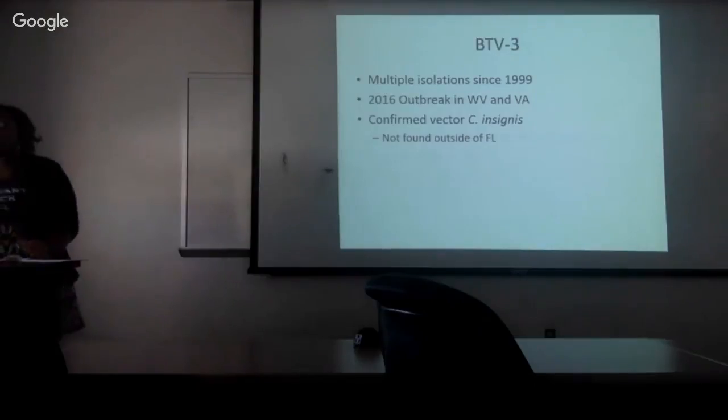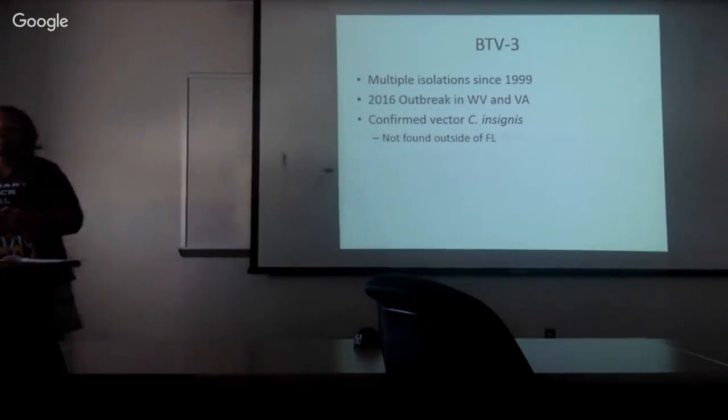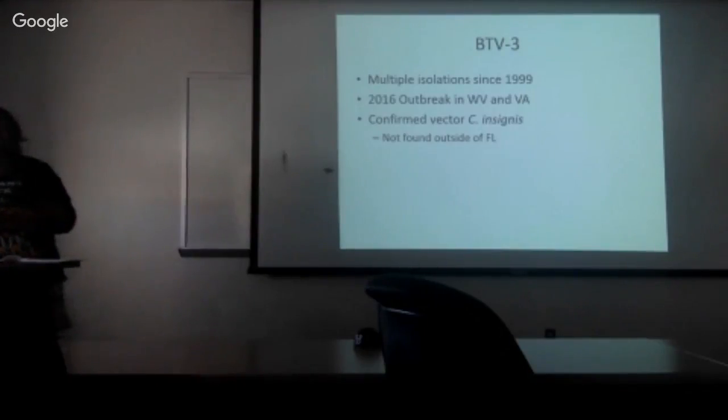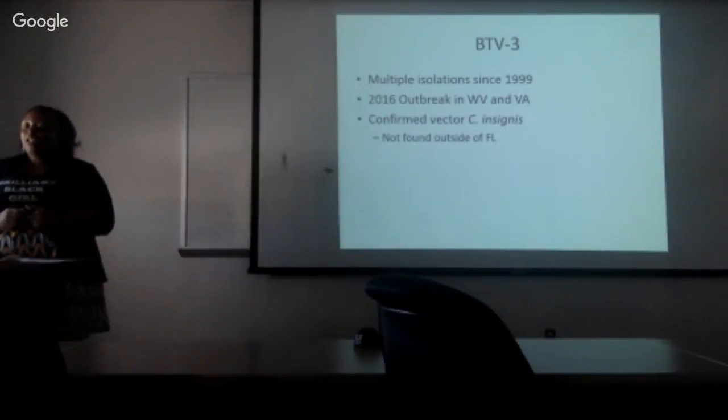And so once we kind of got things figured out, we also wanted to try with bluetongue virus 3. The interesting thing about bluetongue virus 3 is that it's not native to the U.S. historically, but there have been multiple isolations since 1999. And then in 2006, there was an outbreak in West Virginia.